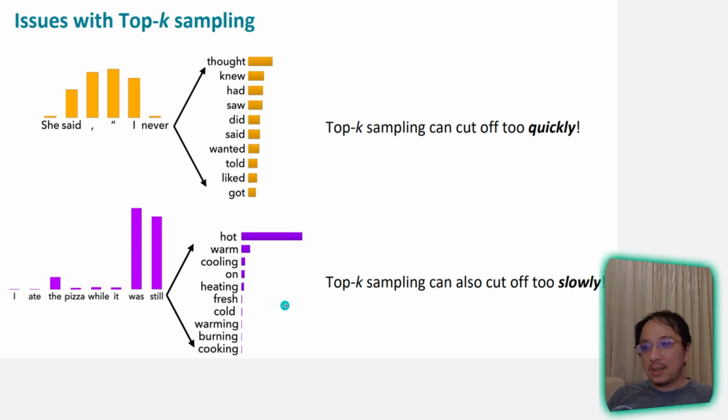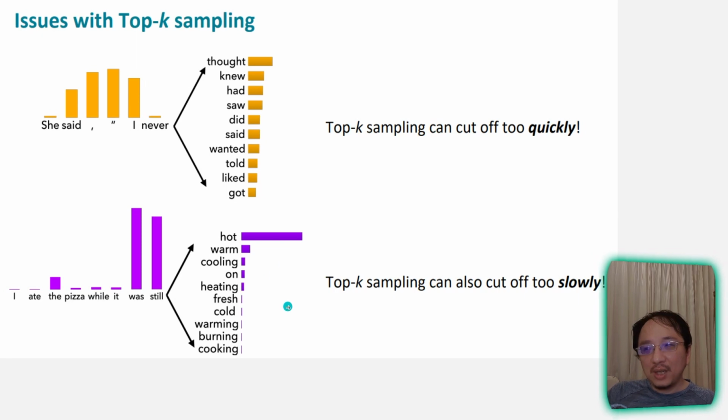On the opposite, another situation is that we cut it too late. That means the real choices are fewer than k. So if we include the 10 most likely words, we're going to include some words that we don't like.